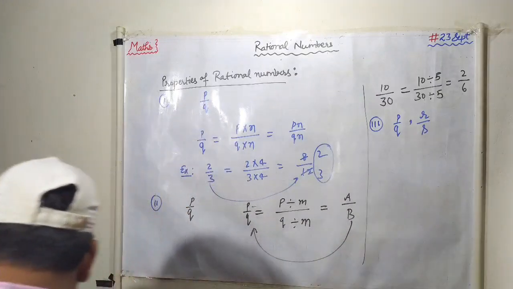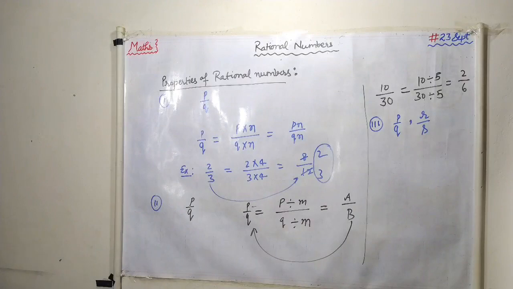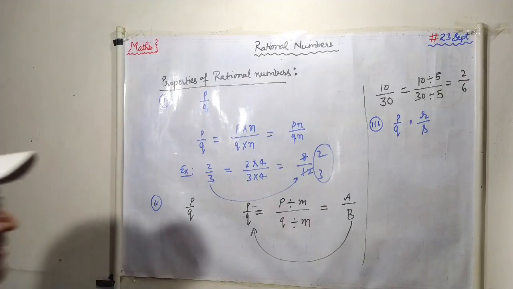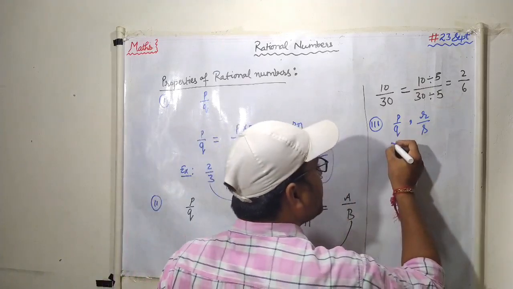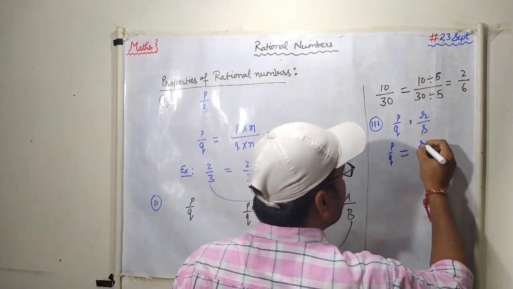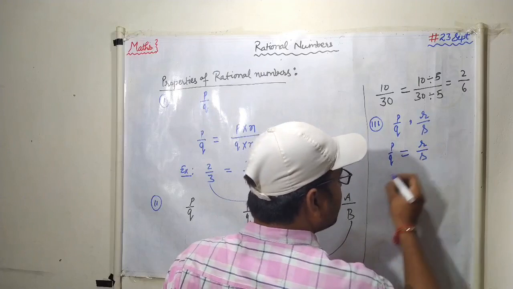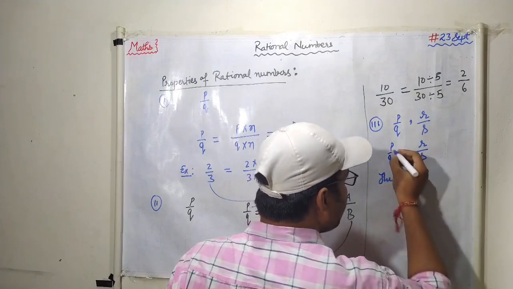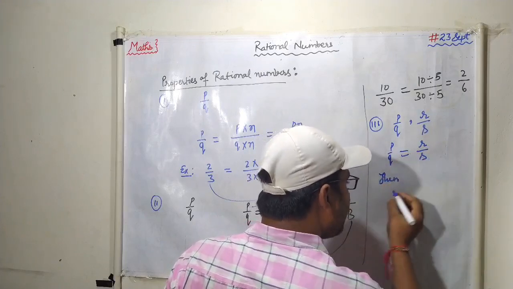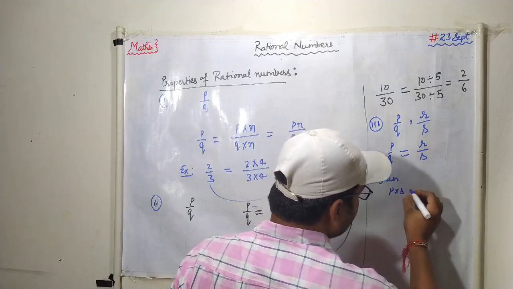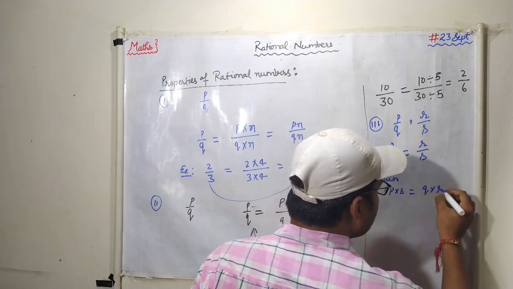Two rational numbers P upon Q and R upon S are equal, then P upon Q is equal to R upon S, and by cross multiplication, P into S is equal to Q into R.